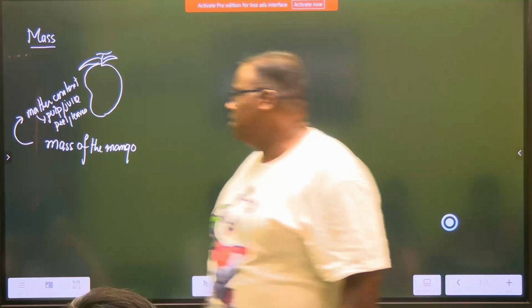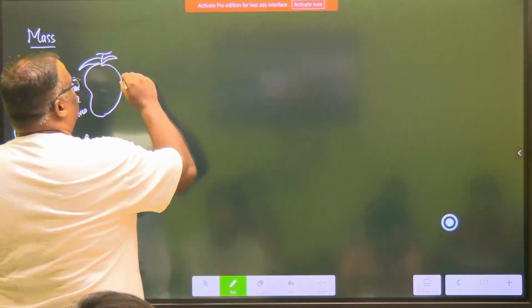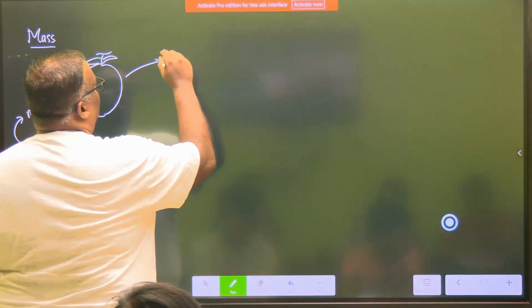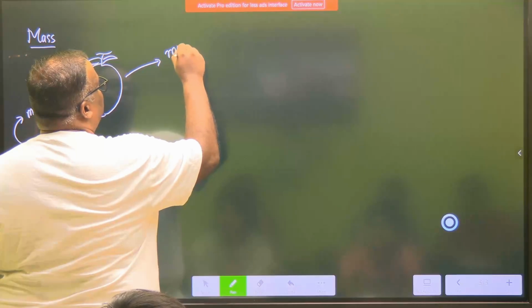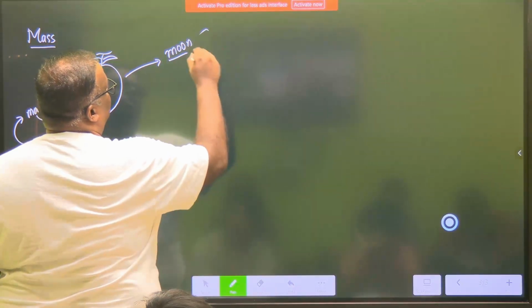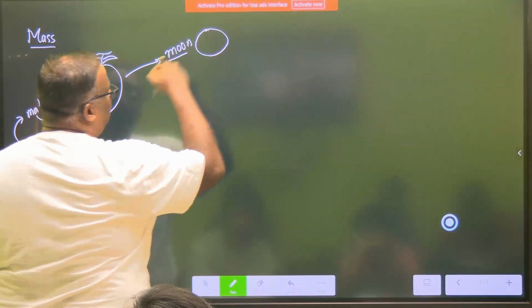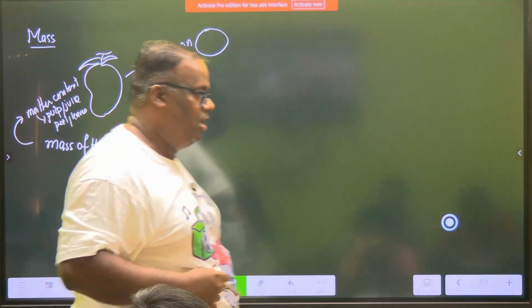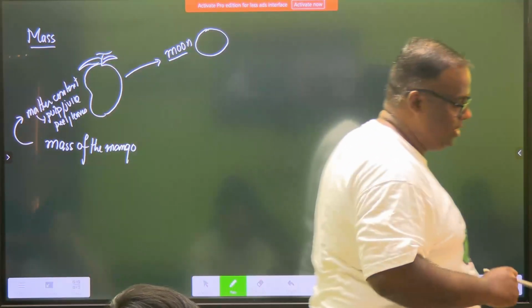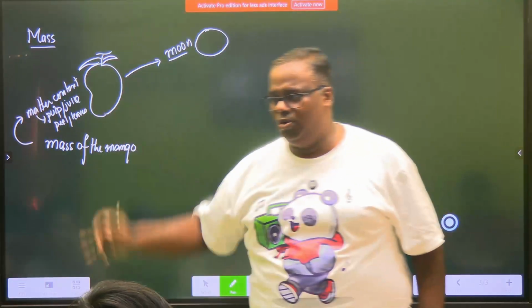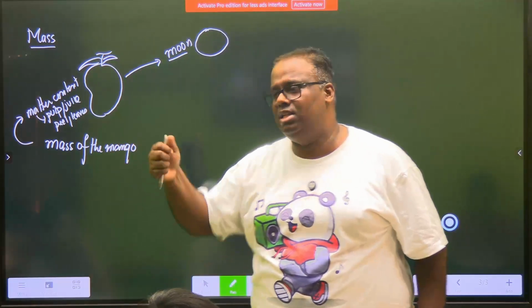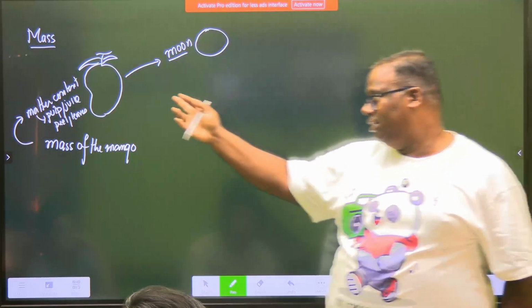Now say suppose what we do, we take this mango and we go to moon. हम moon में जाते हैं, this is moon, और moon में हम फिर इस mango को देखते हैं. Ask yourself a question. Will the leaves of the mango fall? No, the leaves remain unless and until you pluck them. ये डंठल रहेगा कि नहीं?